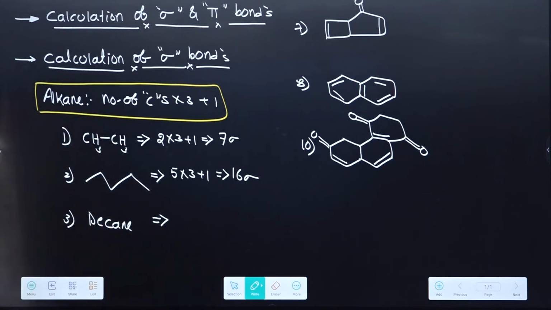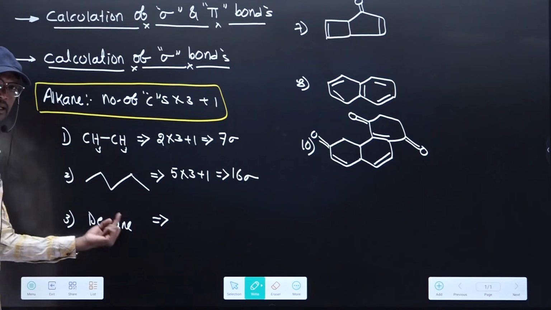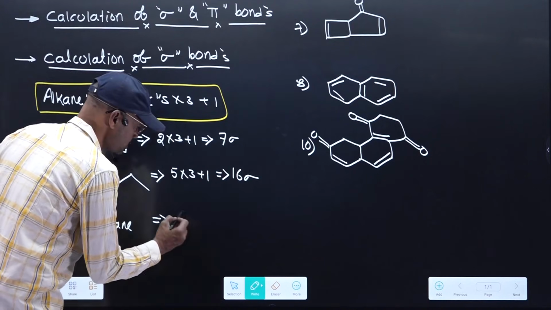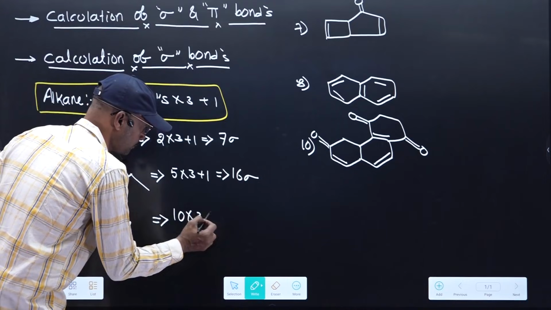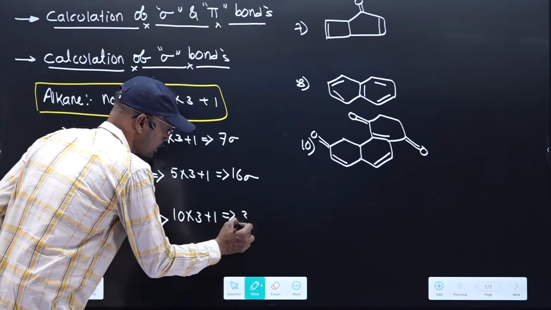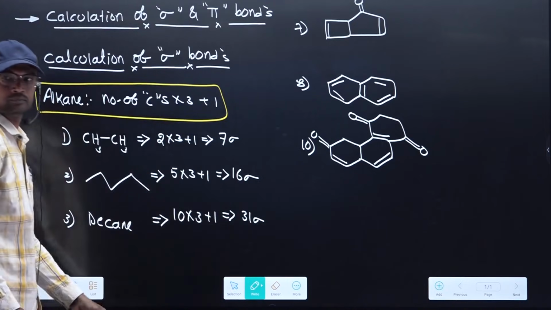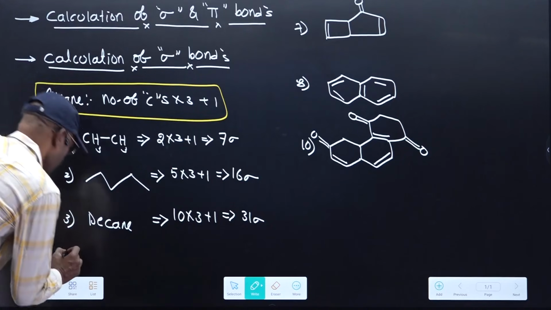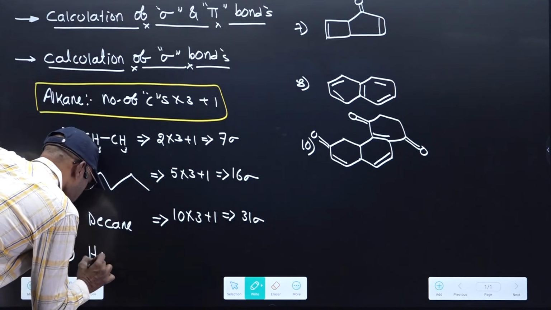Decane means how many carbons? 10 carbons. Ane means saturated. 10 into 3 plus 1, is it 31 sigma bonds? So, based on the number and name you need to identify.